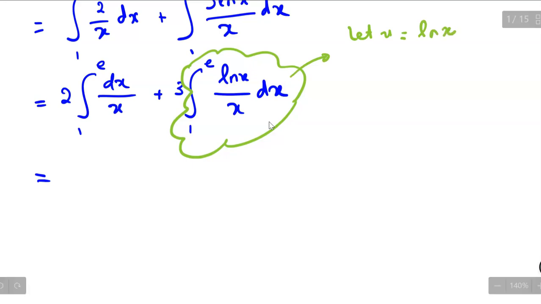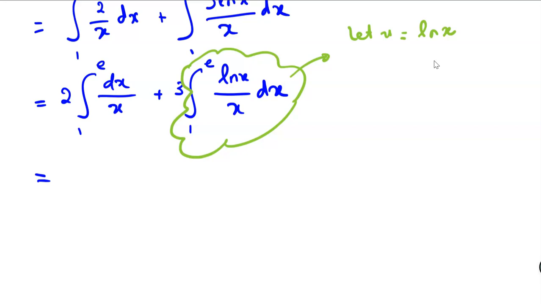So you probably ask me why I am doing that. Why do I let u equal to ln of x? I don't want to say the method, but I just want you to think of the word analyzing. Okay, so you need to analyze your integral before you can integrate.